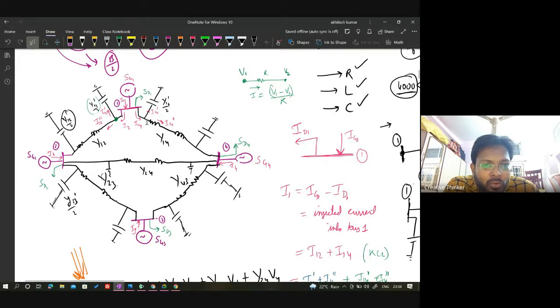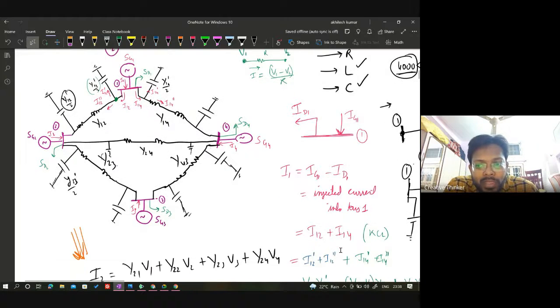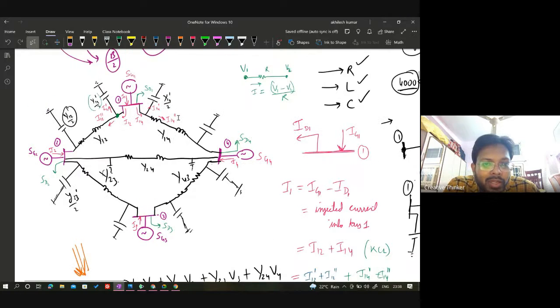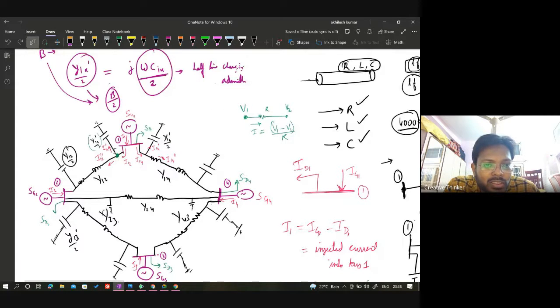From Kirchhoff's current law, KCL, I can write I1 is equal to I12 plus I14. Can I write like that? And I12 can be split: some current flows in the charging path because of the pi model we have assumed, and some current flows in this direction. So I12 I can write as I12 dash and I12 double dash.